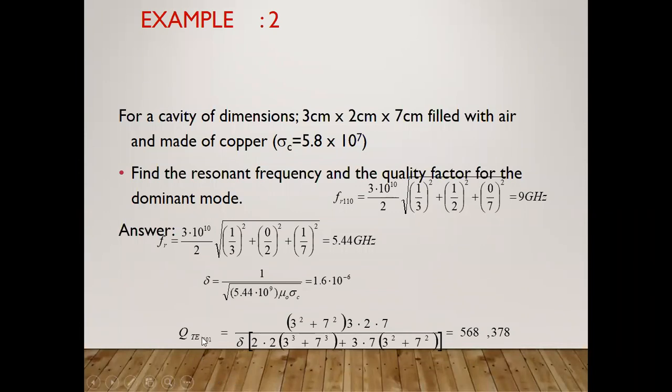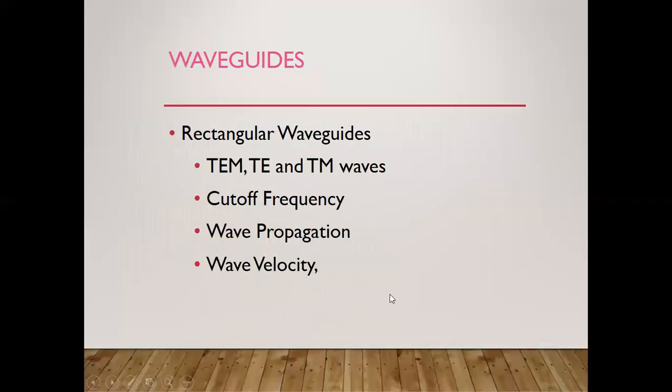Okay, so here again, if nothing is given, you can assume which mode is there, that is TE, TM, or TEM you can use. And as per the numerical, you can use here the M, N and pi values, and you can find the parameters easily. So in the waveguides, what are the important parameters?